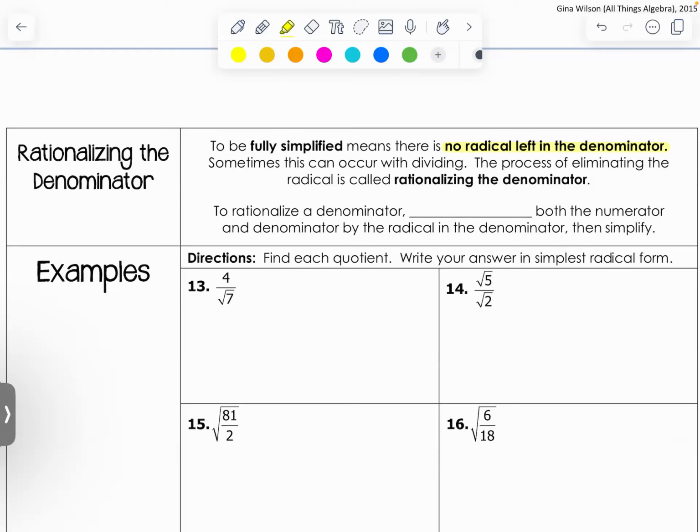So if we have a radical in the denominator, then we have to do a process called rationalizing the denominator. This means we are going to take whatever square root is in the denominator, and we are going to multiply both the numerator and the denominator by that square root.